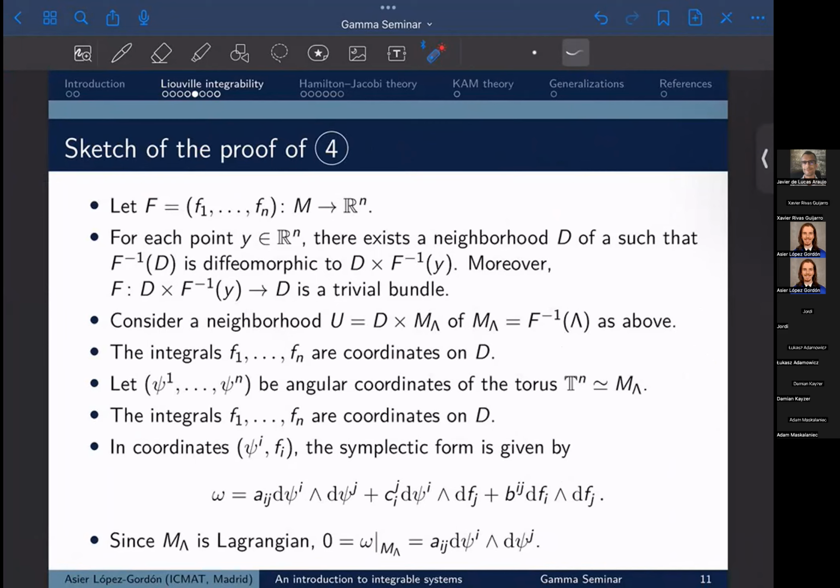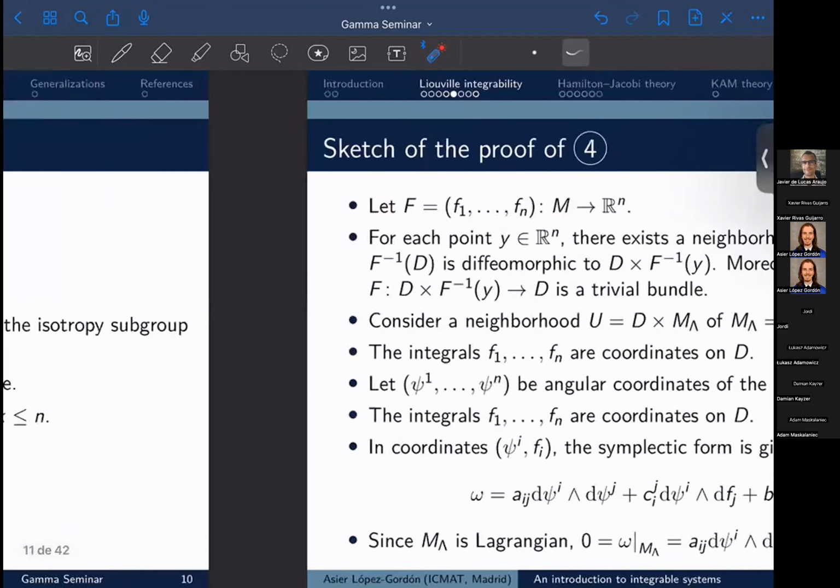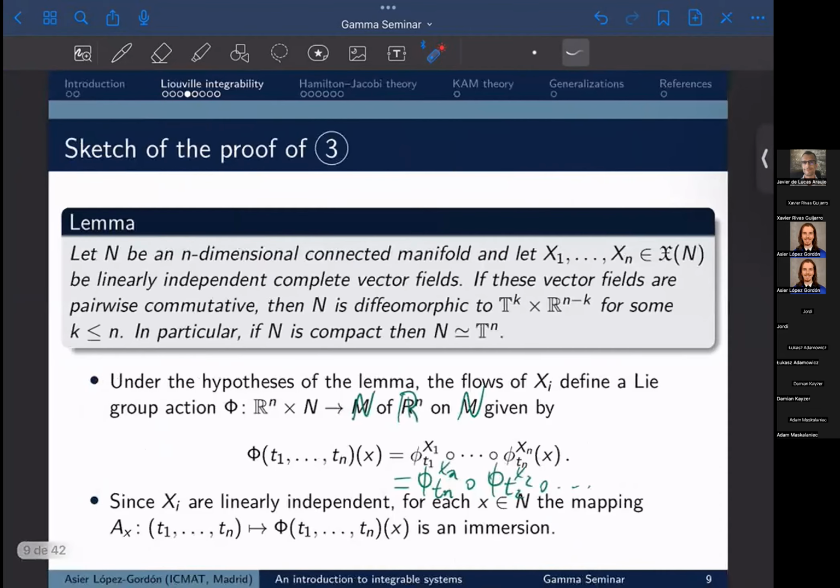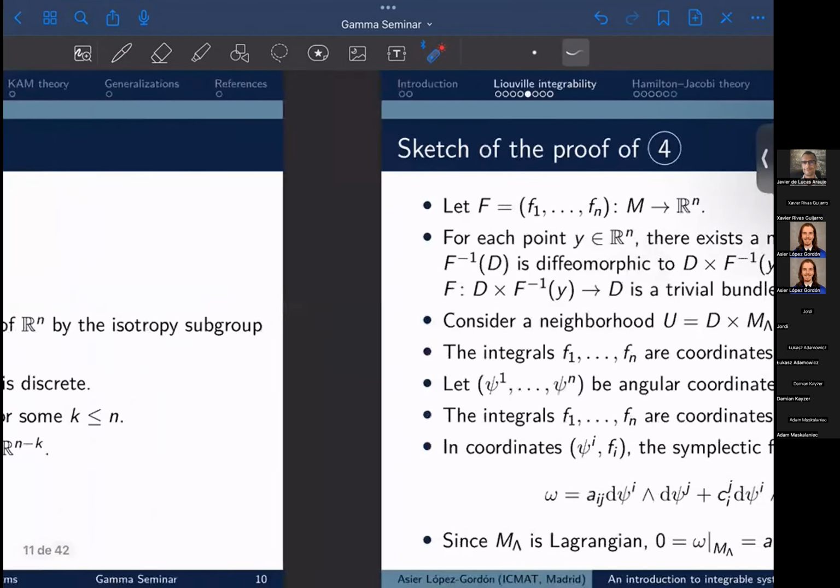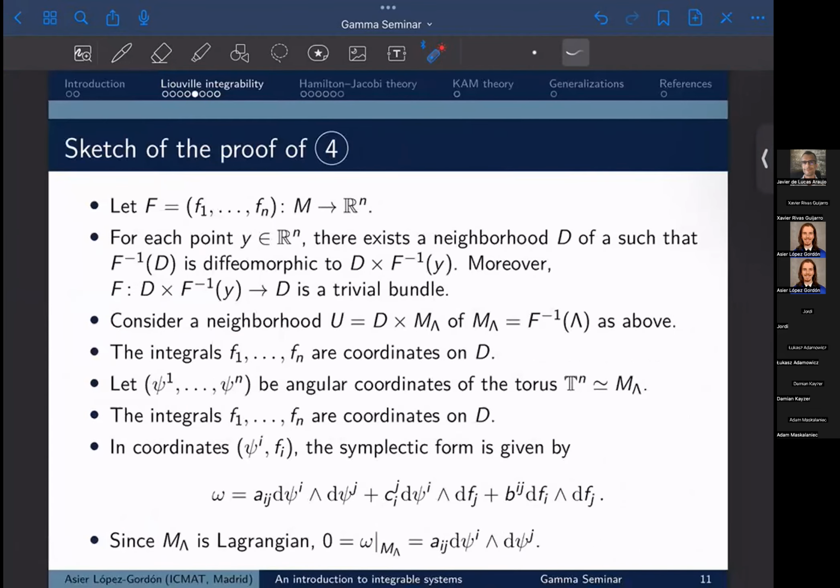Okay. So for simplicity, let me denote with capital F the function from M. Once again, this was the lemma for a general manifold. Now we are considering again our symplectic manifold with the integrals and so on.